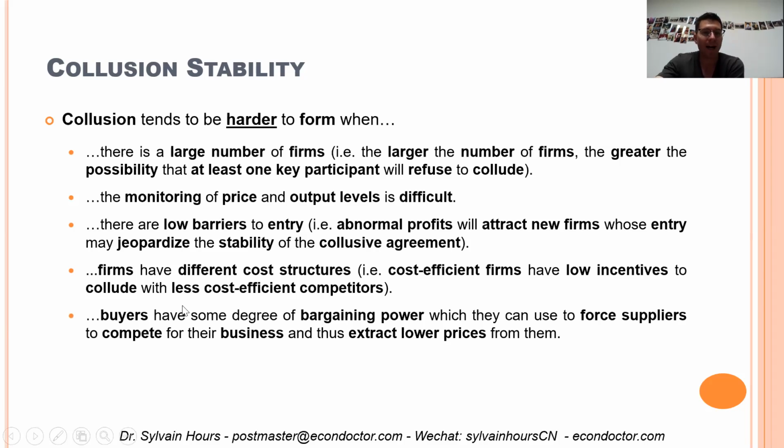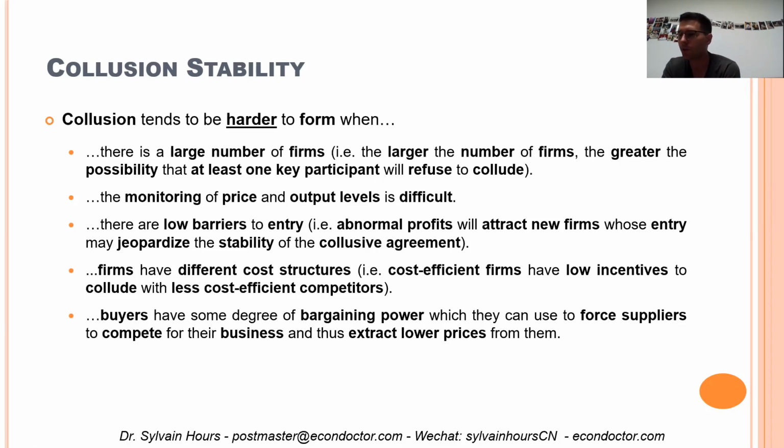Next, when buyers have some bargaining power, when there is market power on the demand side. Simply because if you have a collusive agreement between, let's say, two firms and they agree to charge a high price, but then you have a big buyer that talks to one of these companies and says, well, you know what, the price that you charge is too high.